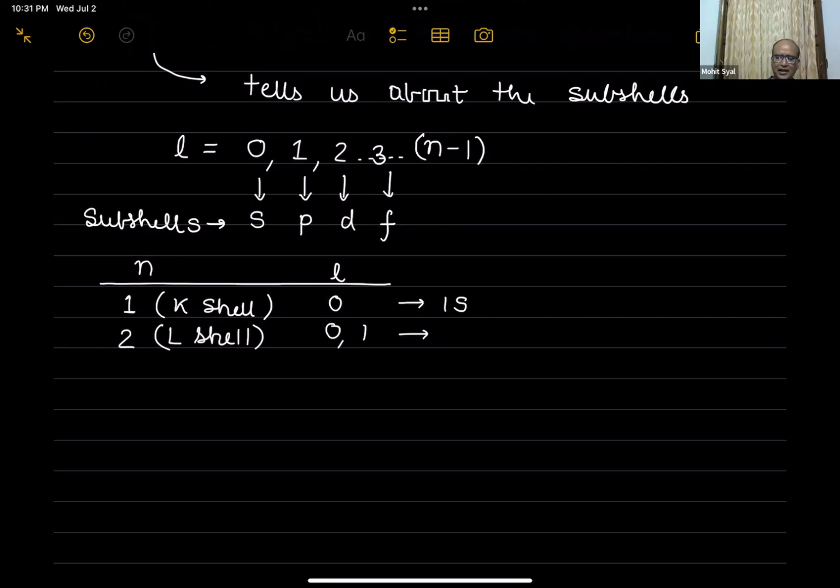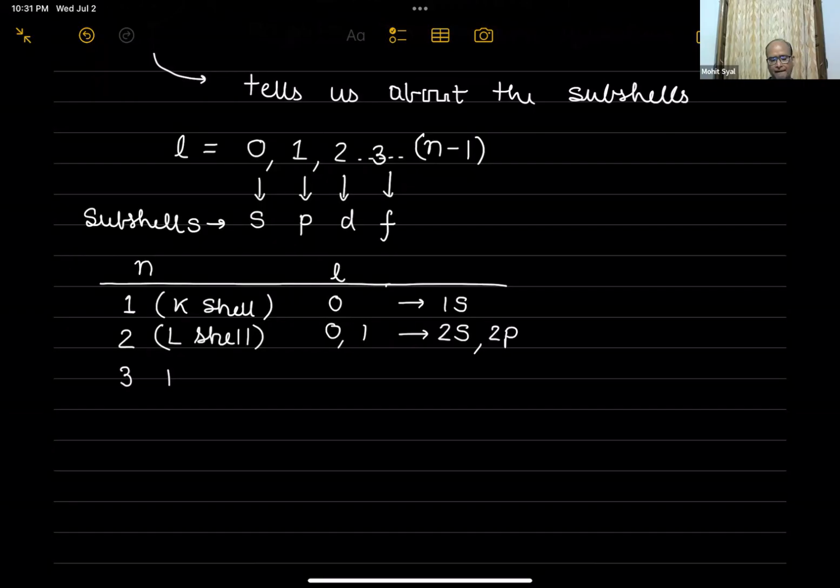So the second shell will have two subshells, S and P. L equal to 0 is the S subshell, and since they belong to the second shell, they are represented as 2s and 2p. What about the third shell?